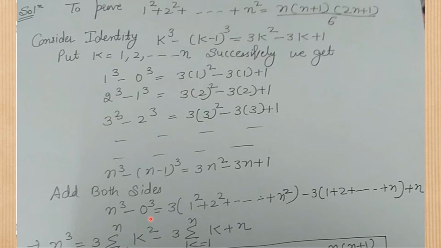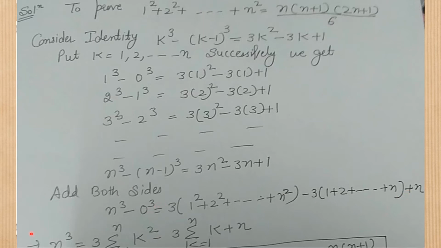Now come to the right hand side. In all these 1 square, 2 square, 3 square terms, I have 3 common, so it is 3 times 1 square plus 2 square plus 3 square, and so on up to n square, minus 3 times 1 plus 2 plus 3, and so on up to n, plus 1 added n times, that is n.